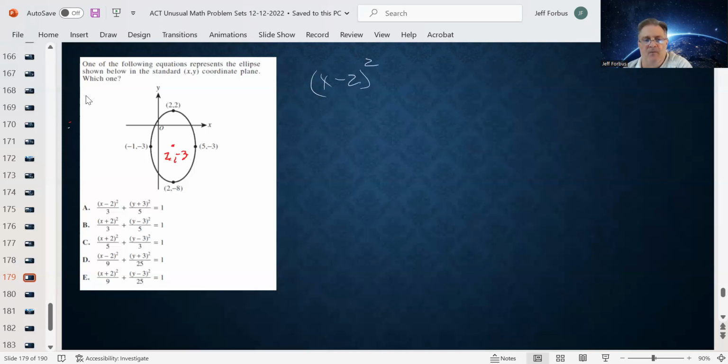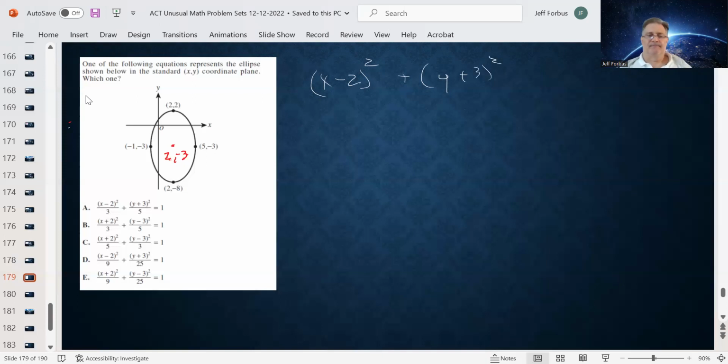Notice that our y portion of that point is -3. So that's going to imply that our y value is going to be a +3 squared.